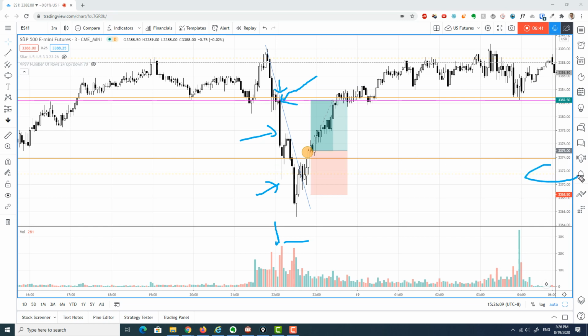So this is 33.71 or 70, which was the previous non-RTH low, if I remember correctly. Yep, that's the non-RTH low.